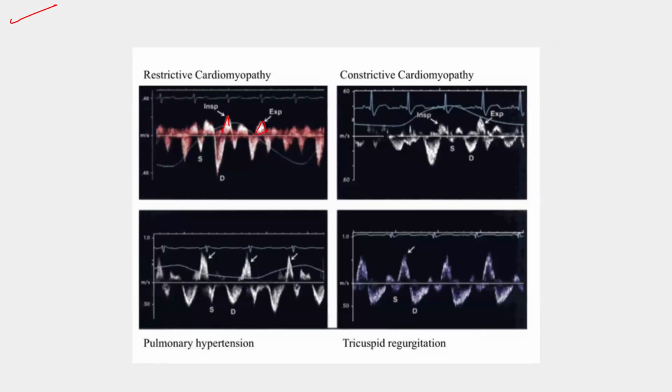Inspiration. More than during expiration. This is restrictive. While in constrictive, reversal during expiration is more than during inspiration. This is an important sign to distinguish these two confusing or possibly conflated entities.